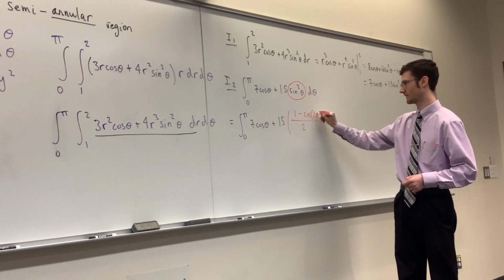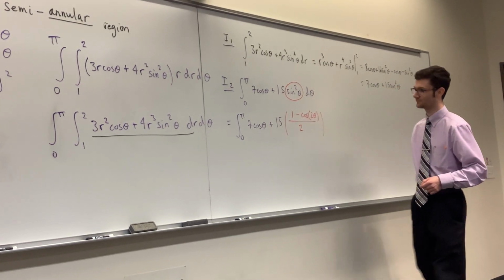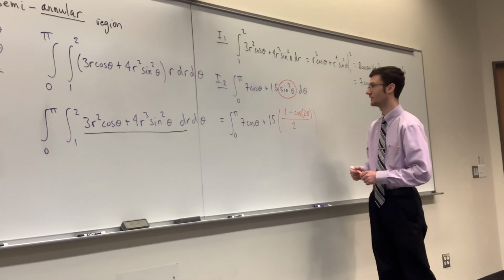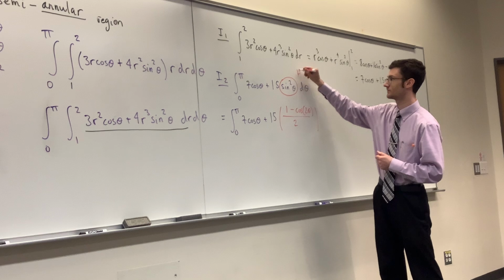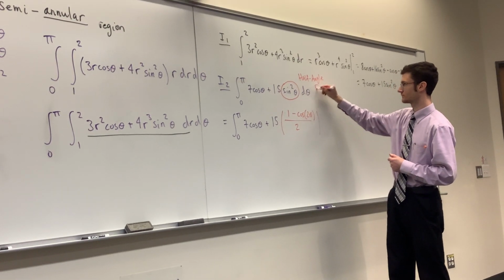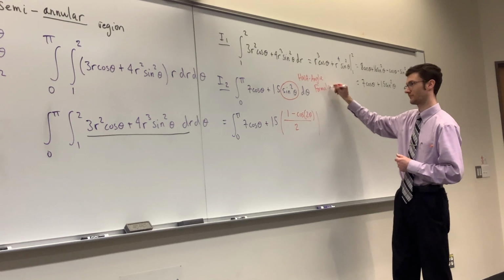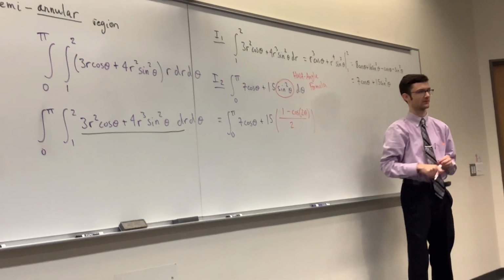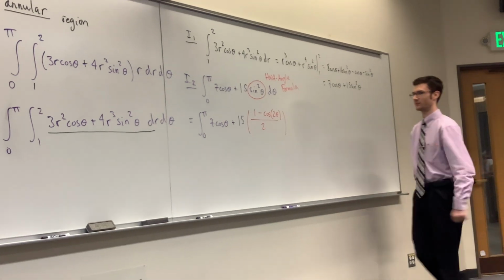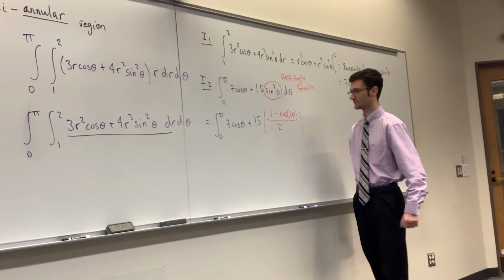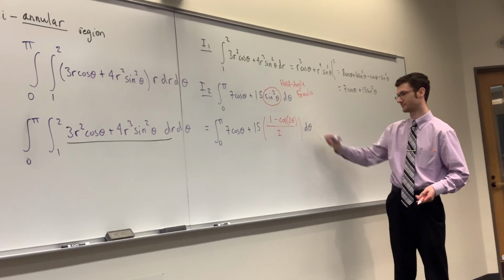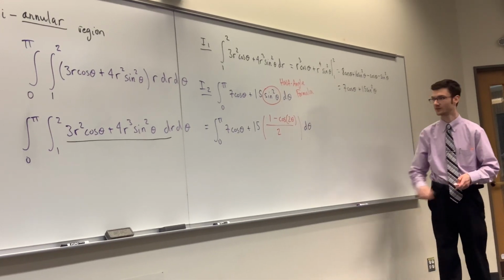So this is the half angle identity. For sine squared, 1 minus cosine 2 theta over 2. What's the half angle formula for cosine squared? Plus, right? We just got a plus here instead of minus.